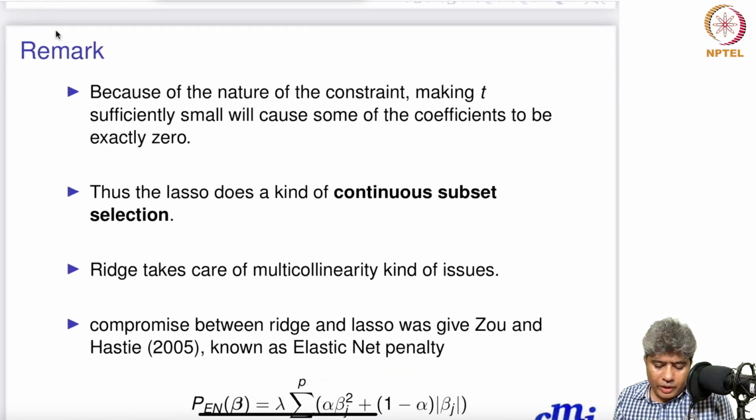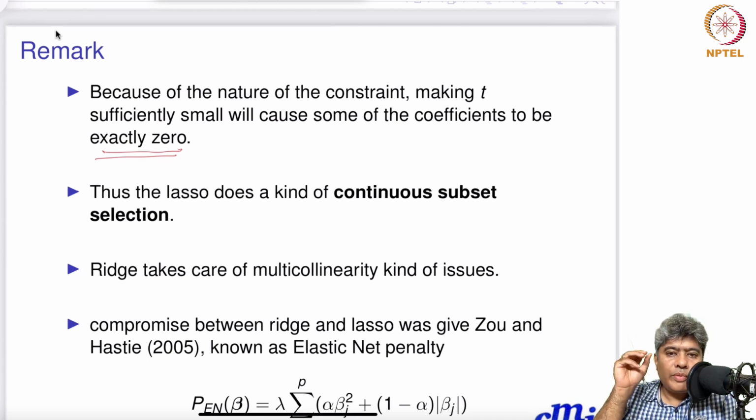So because of the nature of the constraint, making t sufficiently small will cause the coefficient to be exactly 0. Okay, thus what does it mean, some of the beta?